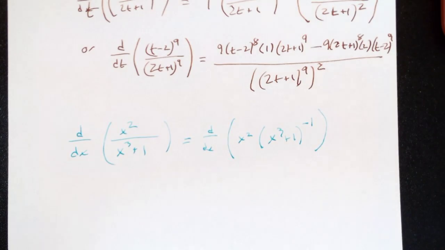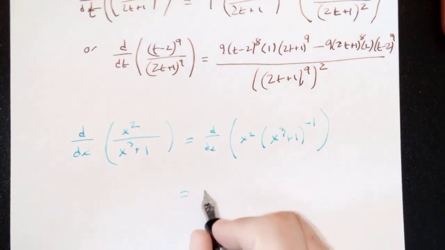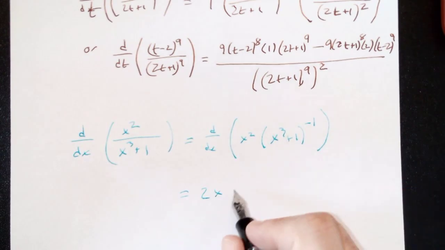And now when I do the derivative, I've got a product, and the second piece has a chain in it. Product rule says take the derivative of the first part. Leave the second part alone.